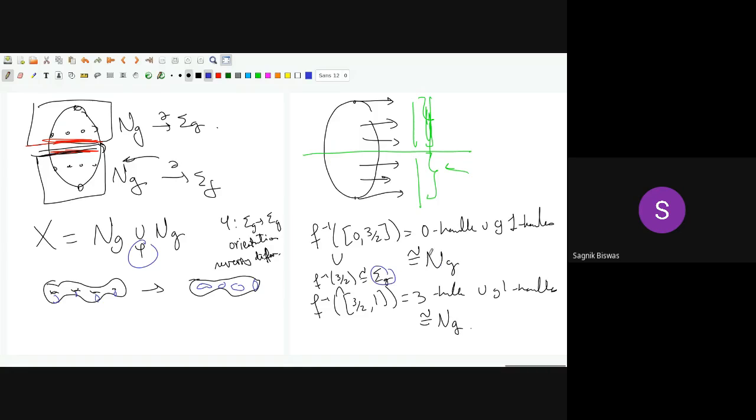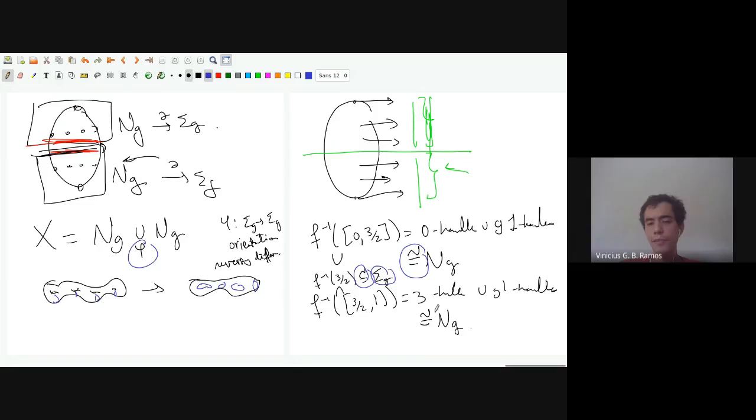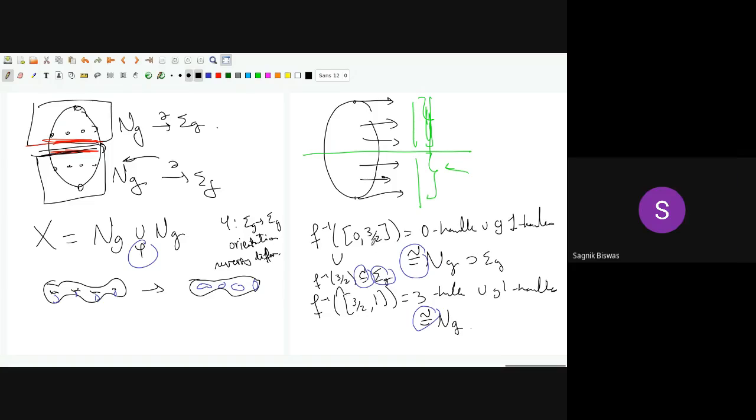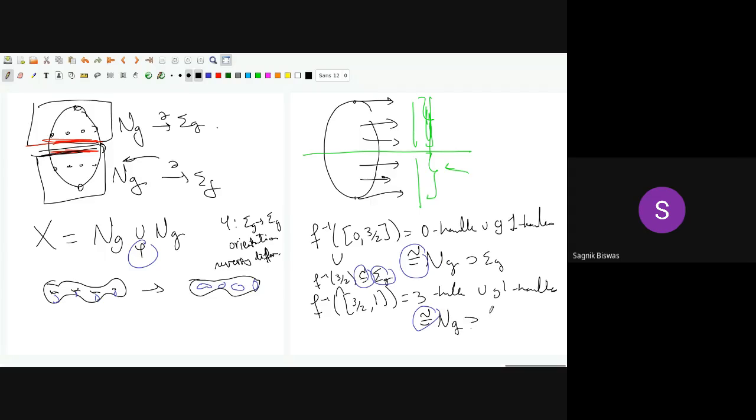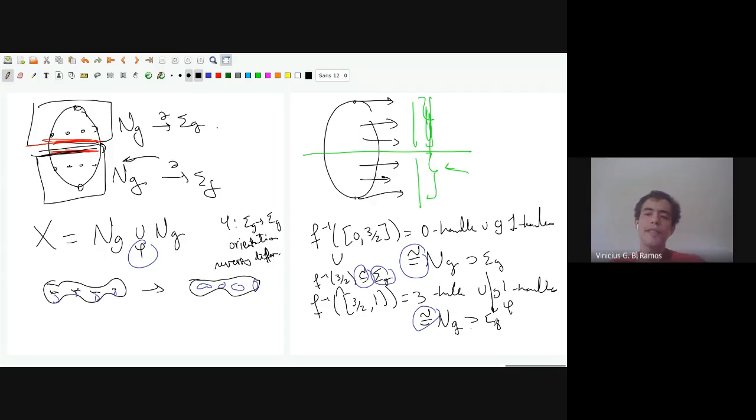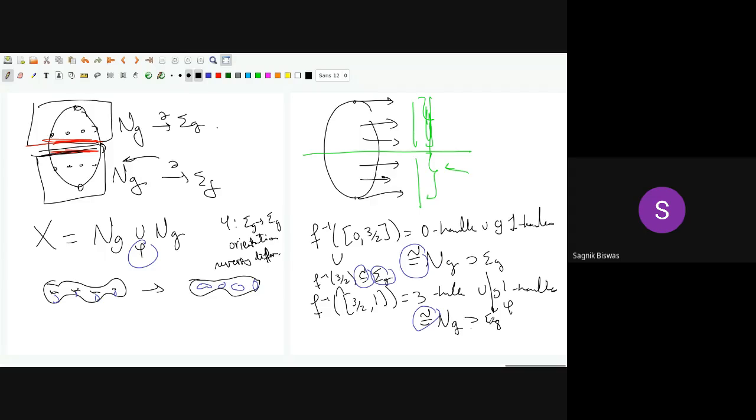So if you want to be very precise, you look at sigma g as contained here, and then you look at this diffeomorphism, and then this diffeomorphism here. You compose this diffeomorphism with this diffeomorphism restricted to the boundary, and that gives a map phi from sigma g to sigma g. Okay, I understood. Thank you. You're welcome.